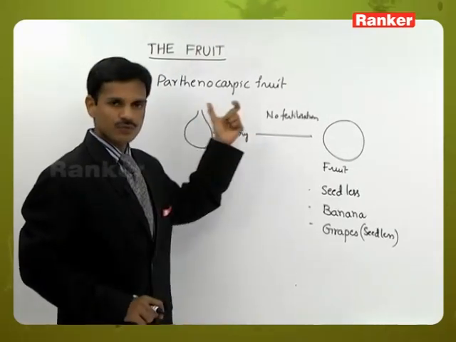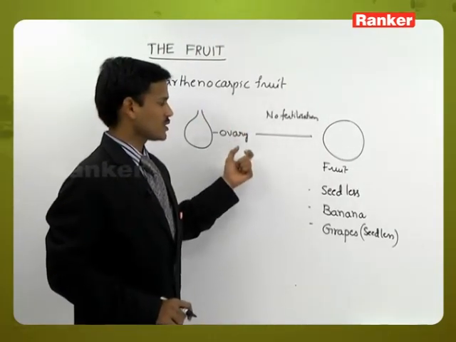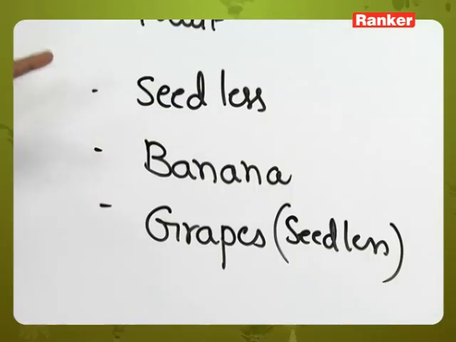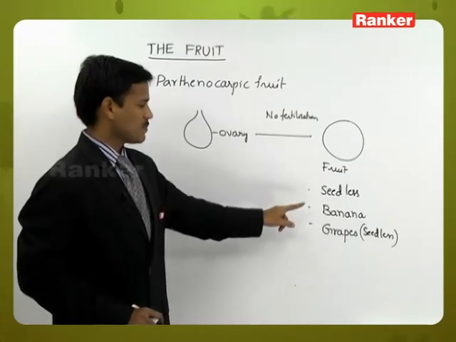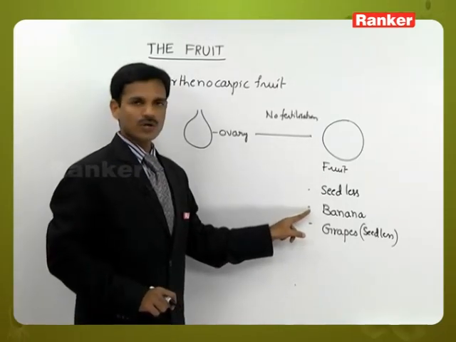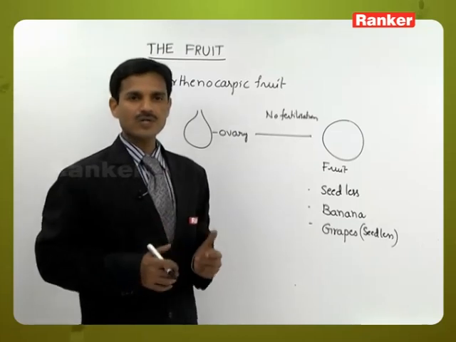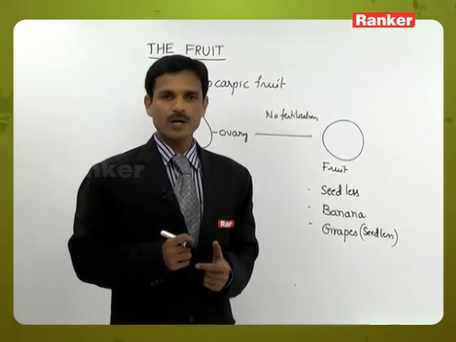Ovary develops into fruit without fertilization. The fruit is not having seeds, so they are seedless fruits. Examples: banana and grapes. Banana is one natural parthenocarpic fruit. Sometimes we can also induce the parthenocarpic fruits.